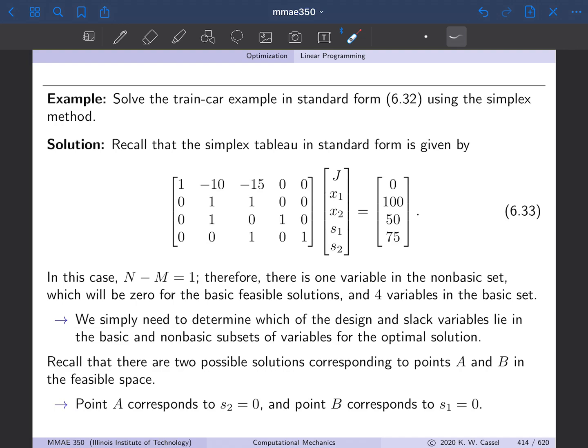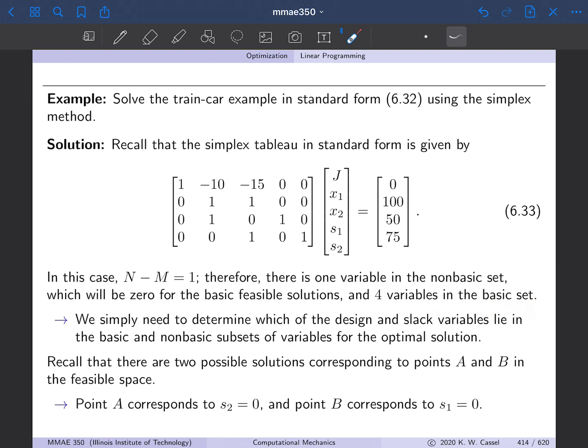So that means that one of the variables will be in the non-basic set. That's the one that will be 0. And the other 4 variables, because there's 1, 2, 3, 4, 5 variables now, the other 4 variables will be non-zero and therefore in the basic set. So 4 non-zero in the basic set, 1 zero in the non-basic set.